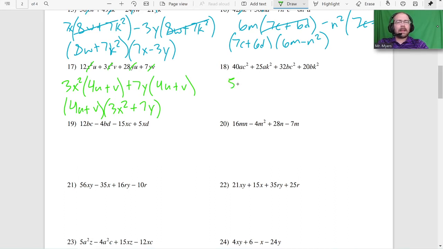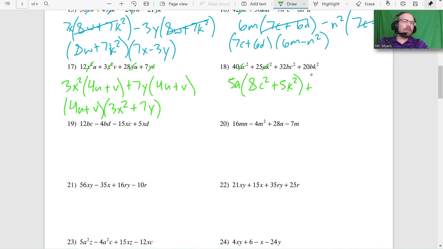5a. 40 over 5 is 8c squared plus 5. The a's are canceling. k squared. Oh, the parenthesis was a little too close. I need to have something in between it. Plus 8?